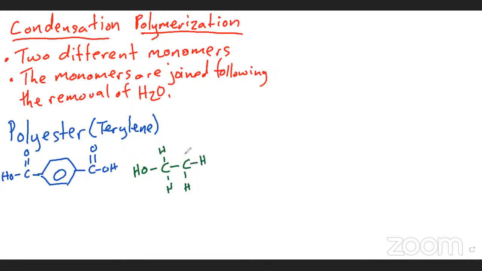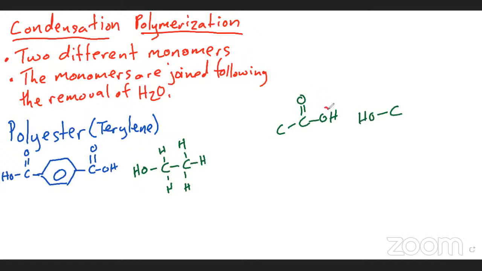So terylene is a polyester. All right. So all we're going to do now is join up these two molecules. If you remember with ester, just look to the right. You will have your carboxylic acid and you react it with your alcohol.